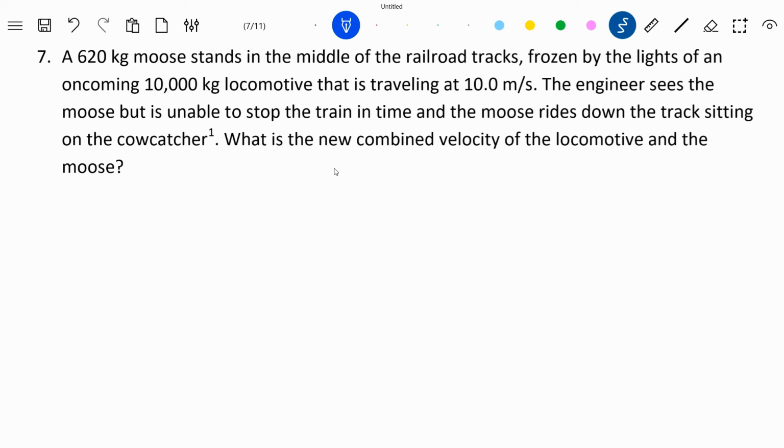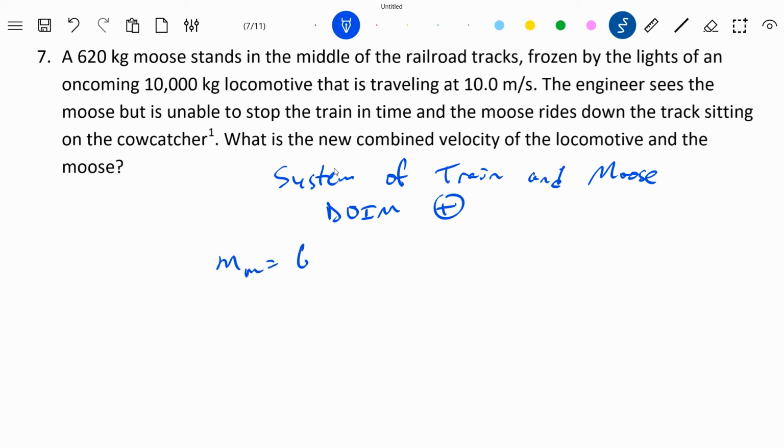Okay, so let's get to work here. So system, again, of both the train and the moose. Direction of initial motion is positive. The train's motion is forward. So the mass of the moose is 620 kilograms, and it was standing still. Velocity of the moose was 0.